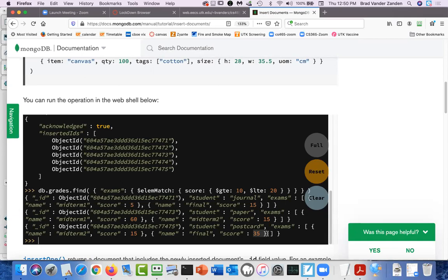And then you have to go through it with a scripting language like Python and procedurally eliminate any exam that is not between 10 and 20. So with a relational database, you could have written a query that would ensure that the only exams that came back were those that were between 10 and 20. With MongoDB, that's just not possible. You get back the entire set of exams associated with that person, and then you have to filter them.